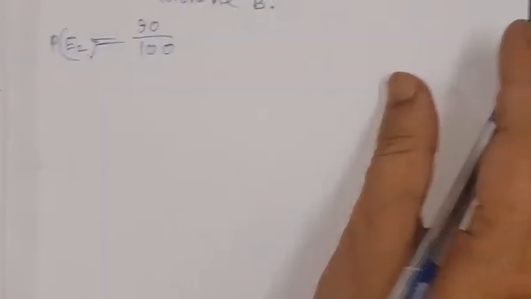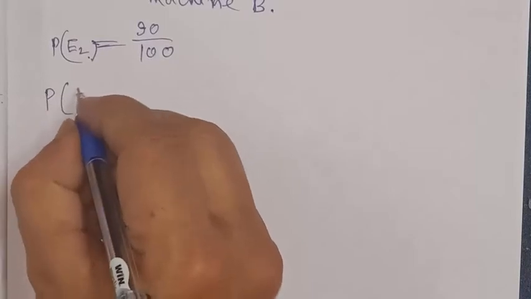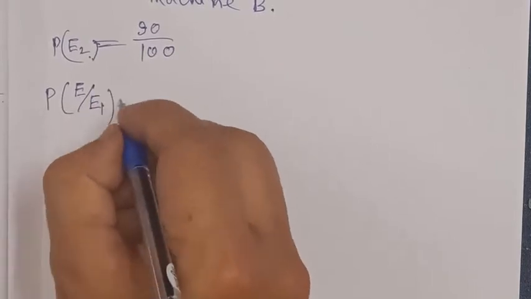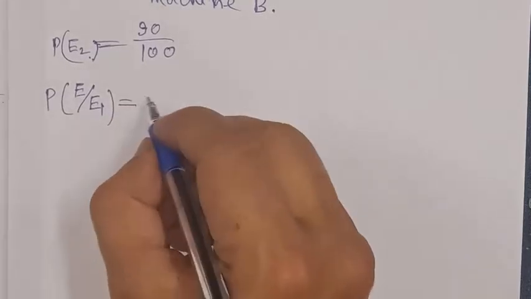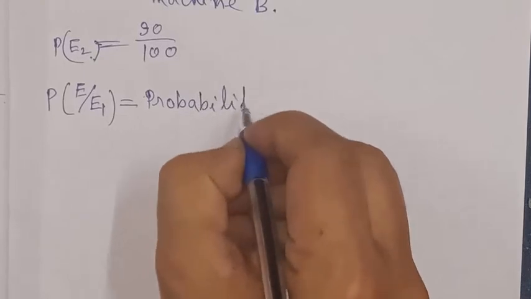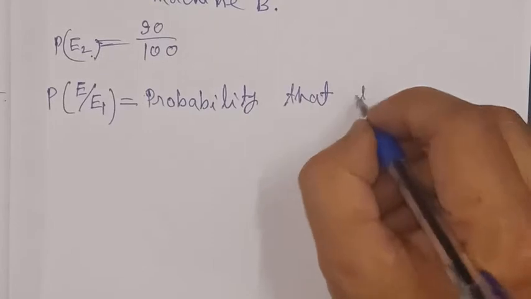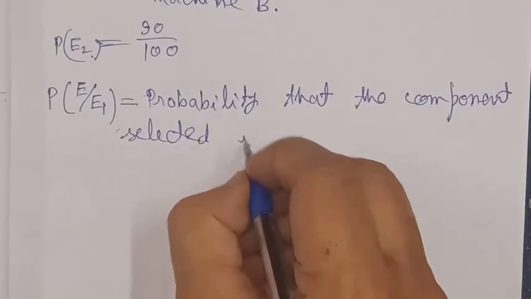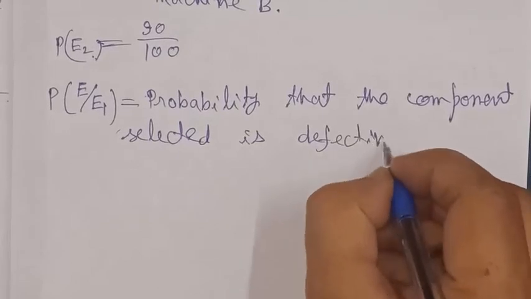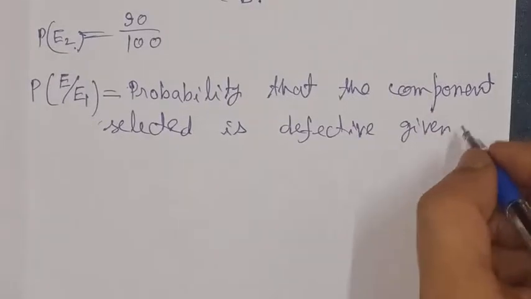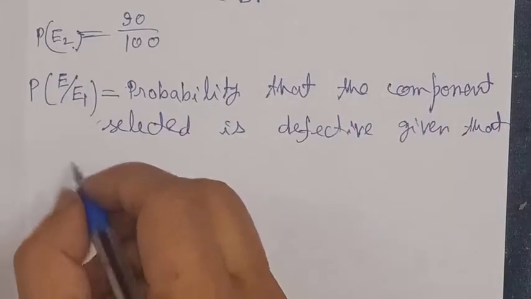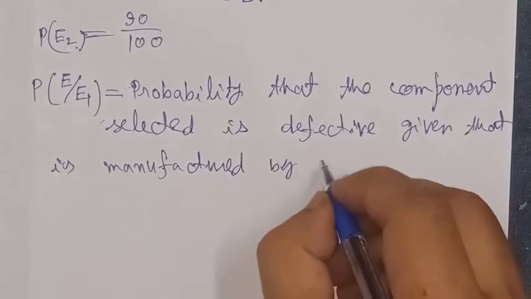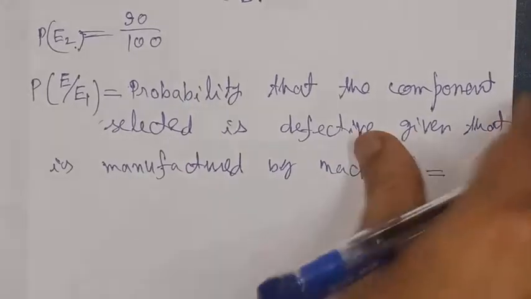Now we define another probability, which is the conditional probability P(E/E1), which means the probability that the component selected is defective given that it is manufactured by machine A, which is given here.